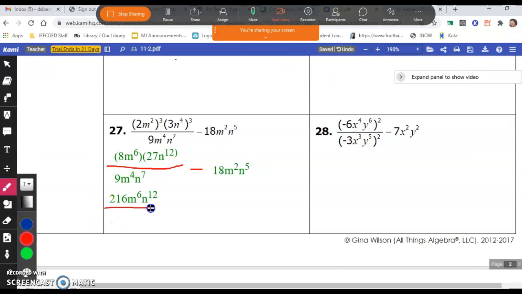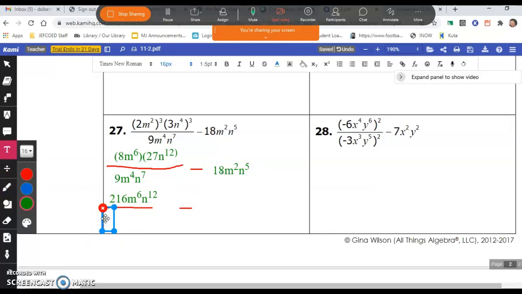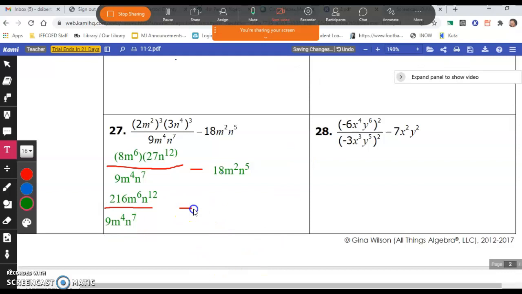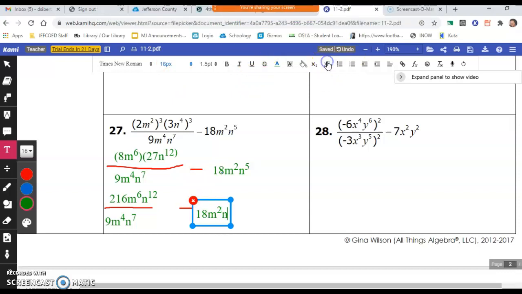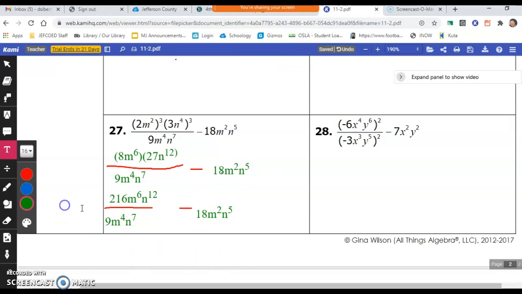All still over 9m to the 4th, n to the 7th, and we subtract 18m squared n to the 5th. Okay? All right. Now, we've still got quotient rule left and combining like terms if they're exactly alike.